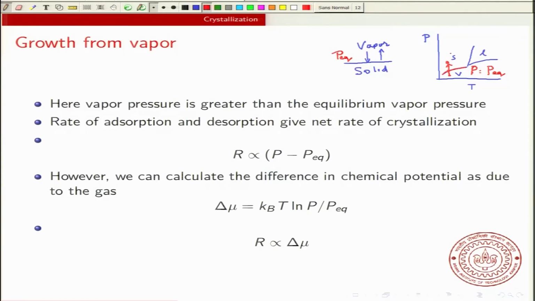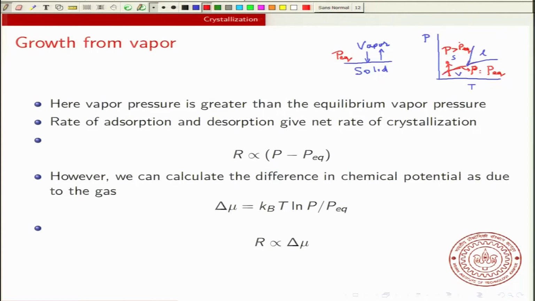So we are imagining that we are increasing the pressure. So in this region P is greater than P equilibrium, and in the lower region P is less than P equilibrium. So it is only along this line that you have P equal to P equilibrium. Above this line you have P greater than P equilibrium, below this line you have P less than P equilibrium.